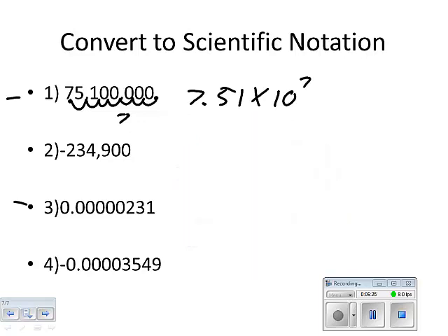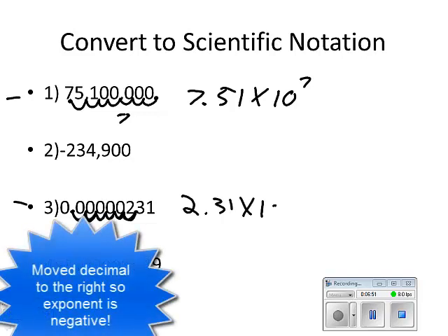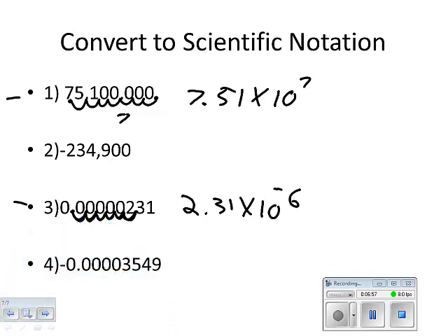Number 3. Now you're going to move it so there's one non-zero digit to the left of the decimal. So how many times do you get to move to do this? That's 1, 2, 3, 4, 5, 6 times to make that 2 to the left of the decimal point. So that makes it 2.31 times 10 to the negative 6. We moved the decimal point to the right this time, so it's going to be a negative exponent.